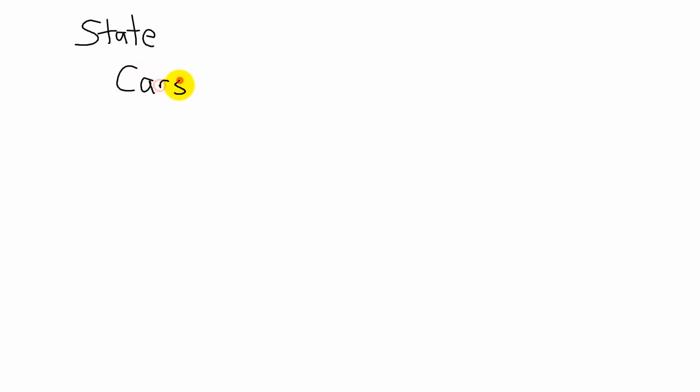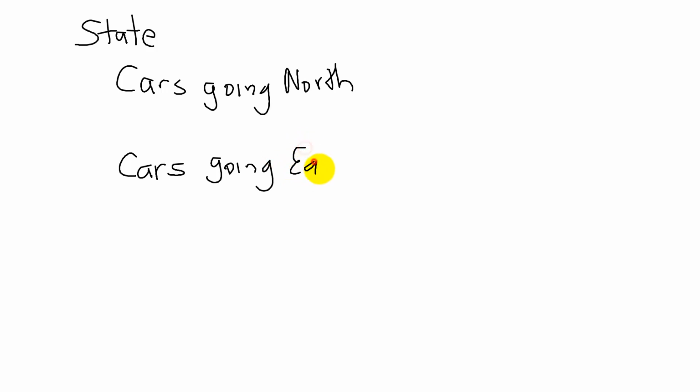So cars going north through the intersection represents a state. We're going to allow cars to go through north. Later on, we're going to allow cars going east. And in order to flip between these 2 states, we're going to have to stop or slow down the north cars.